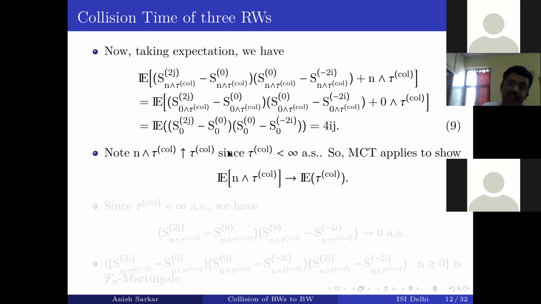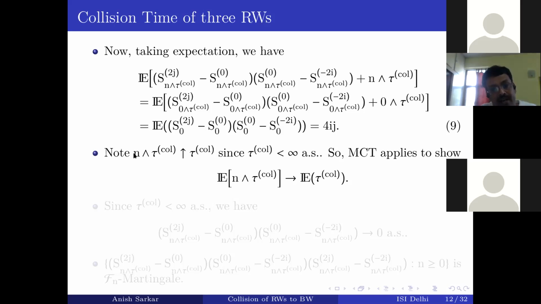Now think of the situation where tau collision is finite, so it takes some value. Let's say it takes value 30. So what happens to this one? 1 minimum 30 is 1, 2 minimum 30 is 2, 3 minimum 30 is 3, and it goes up to 30 minimum tau, which is 30, and 31 minimum tau remains at 30, 32 minimum tau remains at 30, and so on.